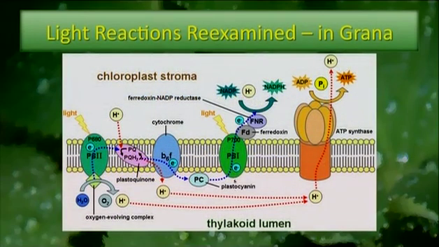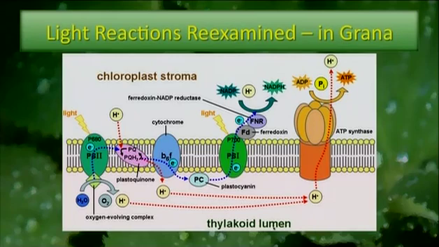So electrons are passed down an electron transport system. Hydrogen ions are moved across the membrane using the energy from the electrons, which go from a higher excited state and gradually release energy down to a lower state. That energy is used to pump protons across the membrane into the thylakoid lumen.